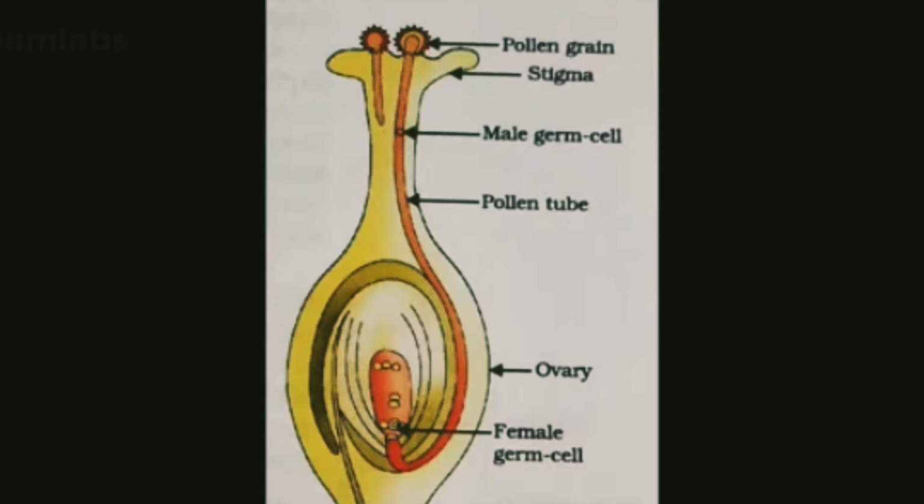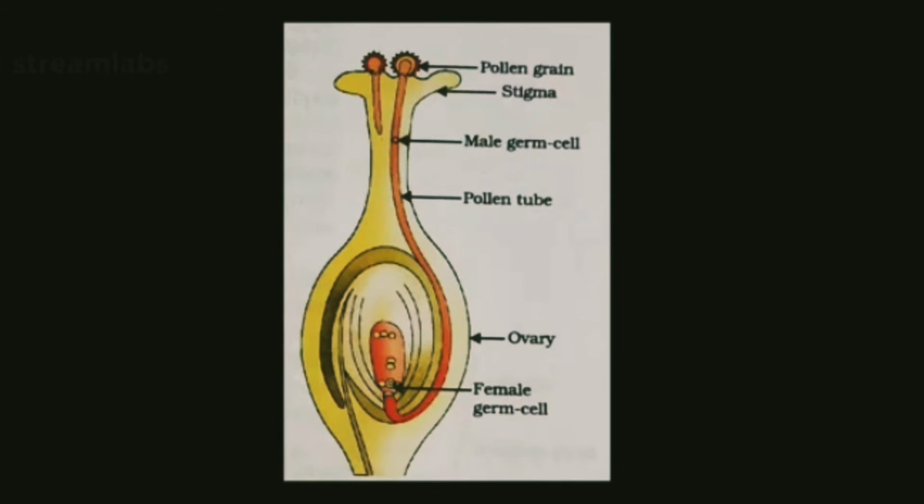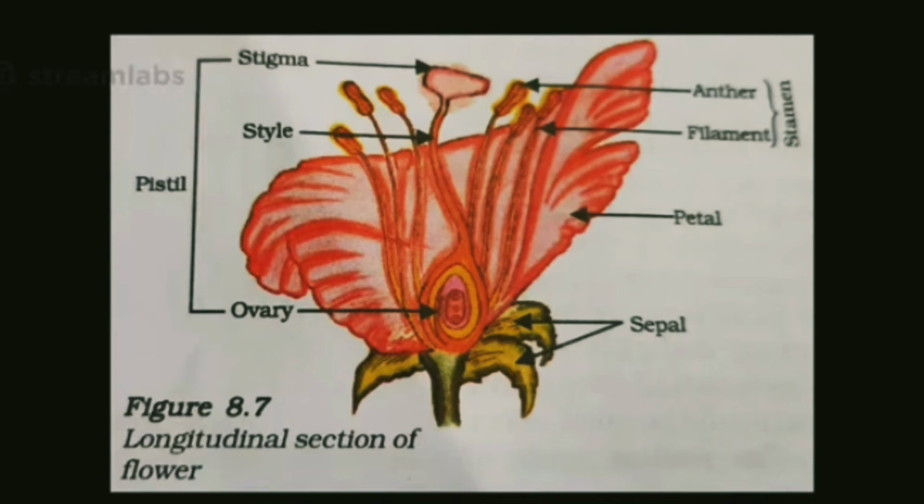And this image shows how the fertilization takes place. After fertilization, the ovules form seeds, the ovary forms fruit. Angiosperms produce flowers. The flowers produce seeds.